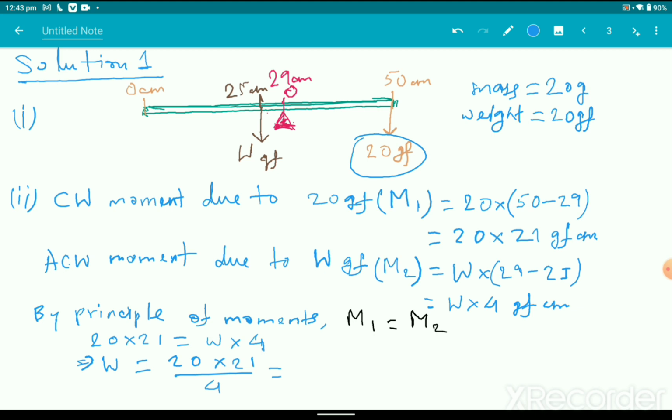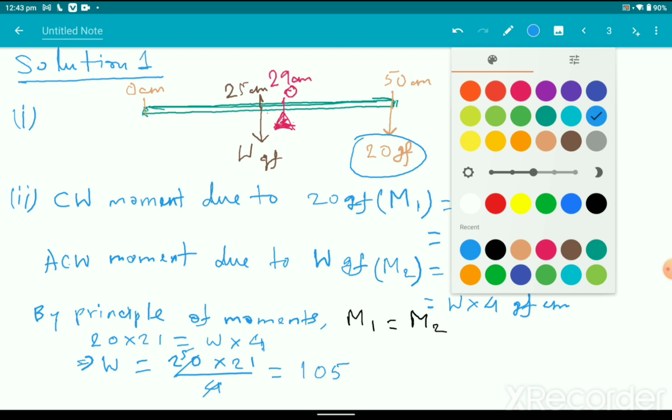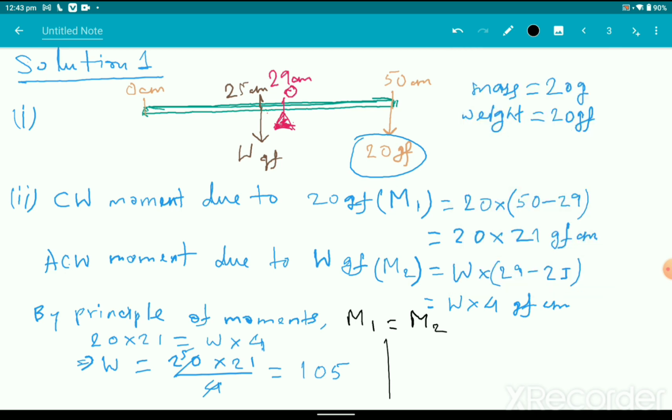So doing the calculations, it turns out that 4 5s are 20, and 5 into 21 is 105. Hence you can say that the weight of the rule is 105 gf.